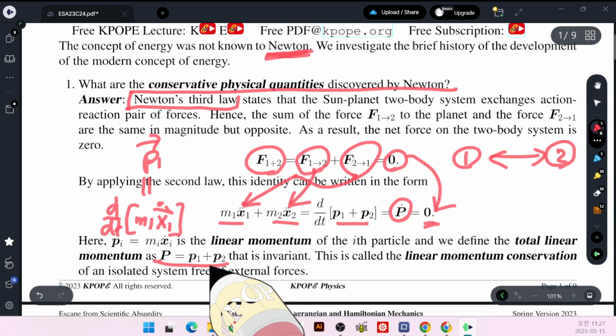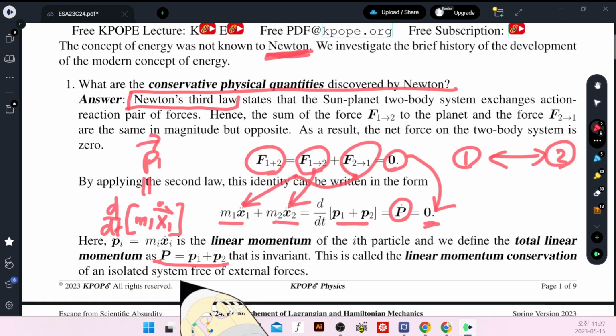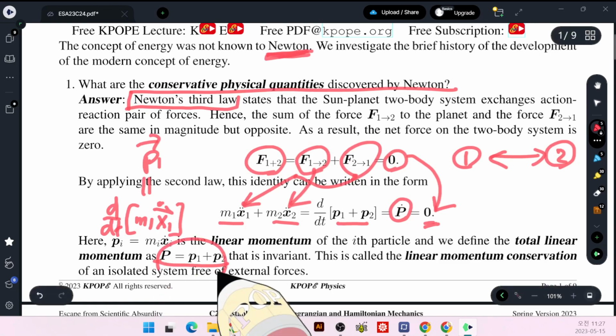The linear momentum conservation is the generalization of this two-body case, and whatever particles may exist in a closed system, the total linear momentum must always be conserved.